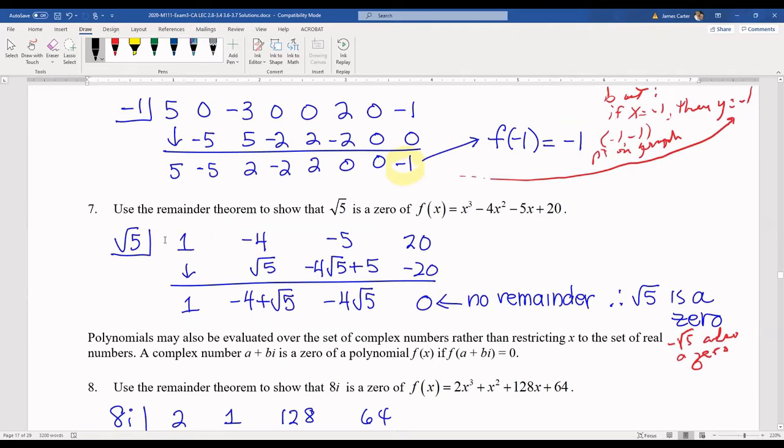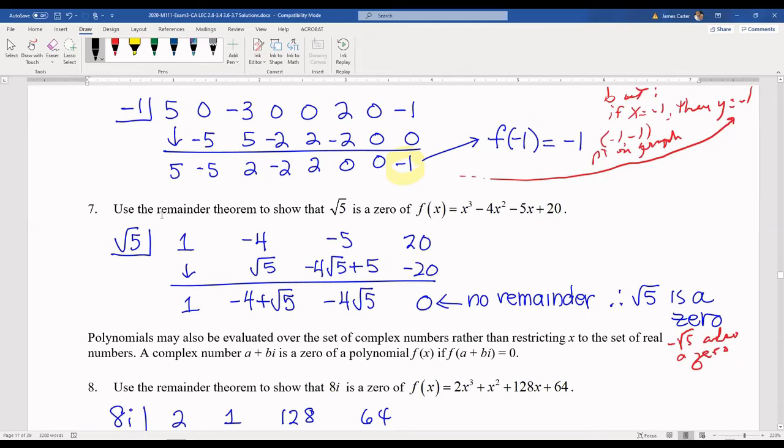Okay, number 5, square root of 5 is our root that we're going to test. Bring down, multiply, bring down, or add, multiply, add the real numbers. Negative 5 and 5 make 0, so I just got the radical part of it left. Multiply, and I get negative 20.